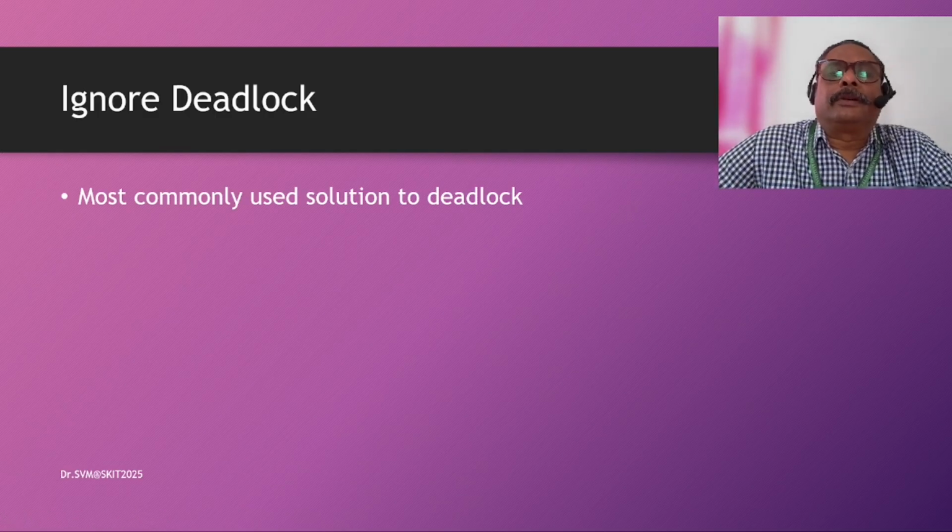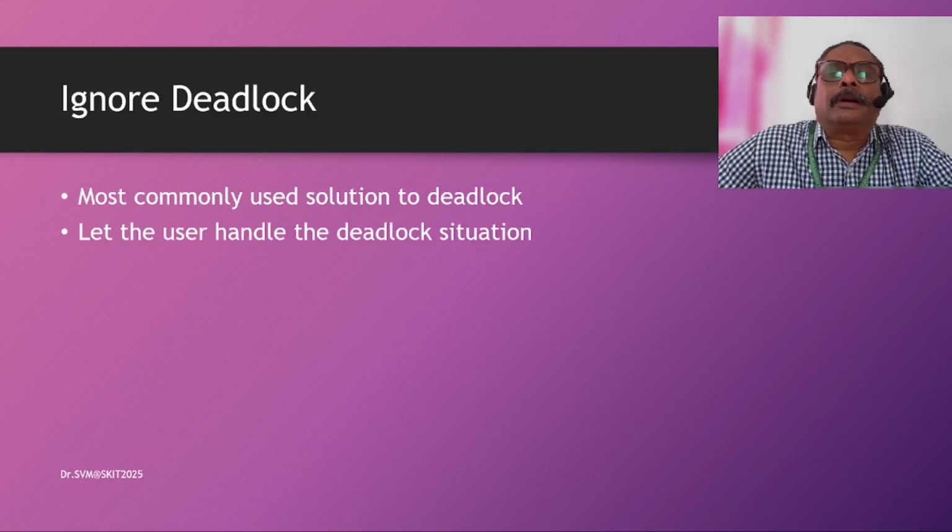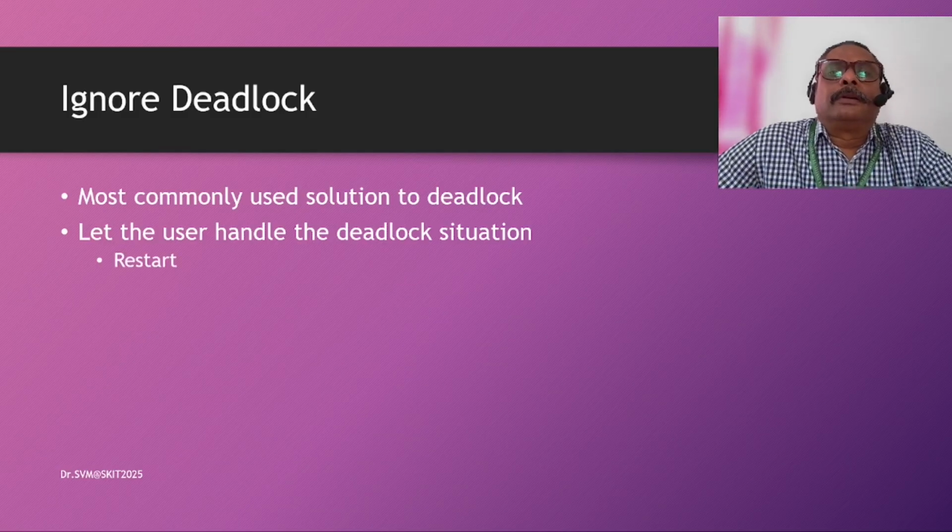The first reason is that the occurrence of deadlock has become very rare, and the second is that when it happens only the user activities get disturbed, and we can ask the user to handle this situation, so we can restart the program.